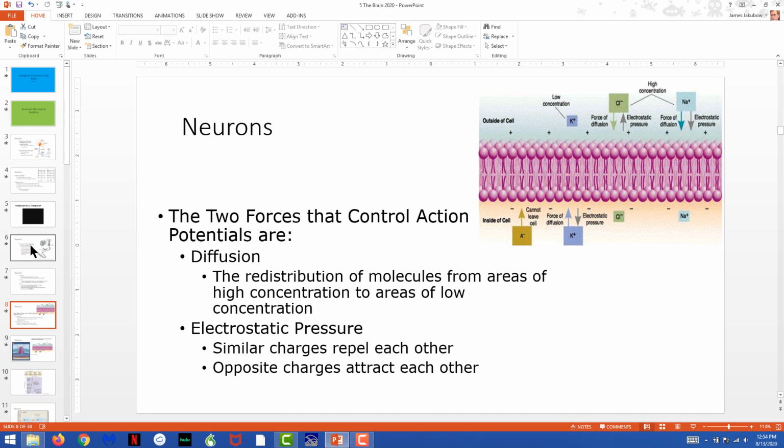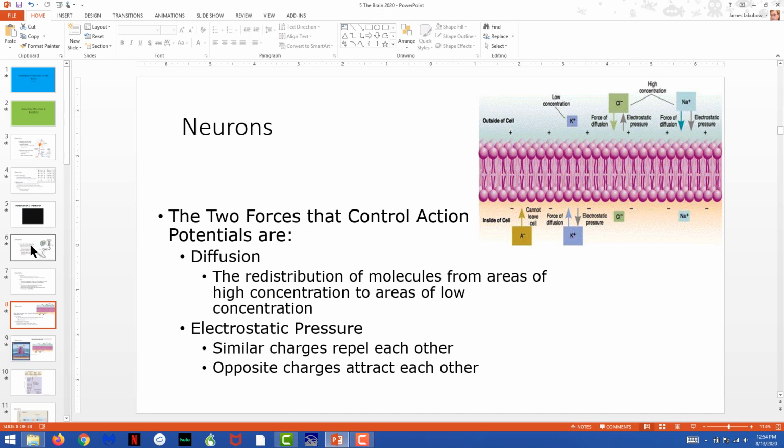The breakdown of the membrane is going to start off by opening channels for sodium. And we're going to go through this in more detail in a slide or two, but what you're going to see is sodium, because it has two forces pushing it inside the cell, is going to come in, and then later on there will be some other flips and switches that occur which will cause potassium to exit the cell.